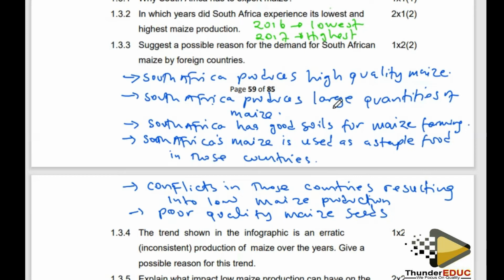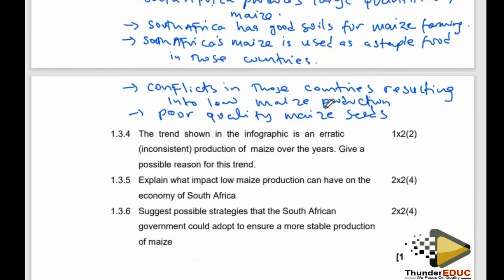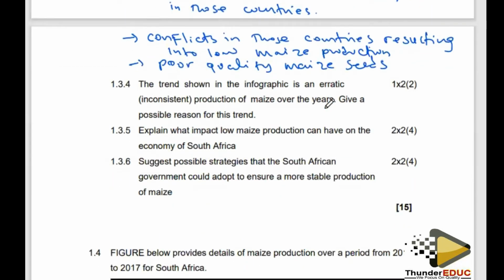Number 4, it says the trend shown in the infographic is erratic, as they made it easier for us, inconsistent, meaning it is not constantly rising. Instead, it rises, it drops, it rises, it drops.